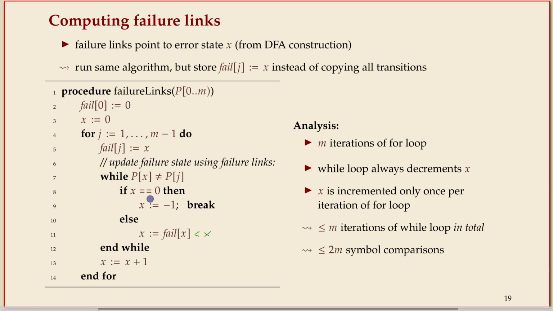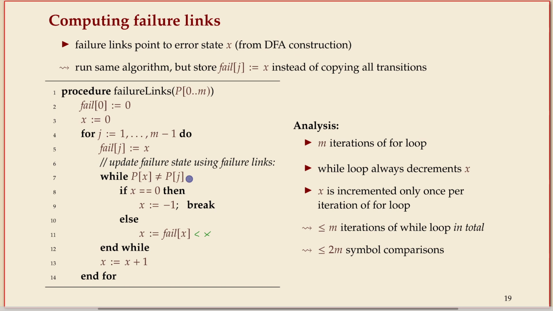So every iteration of the inner loop makes X 1 smaller, but it can't go below 0, and it's only incremented by 1 for each iteration of the outer loop. So that means the inner loop has at most m iterations in total, because X starts at 0, it can never go beyond m, and each of these iterations of the inner loop consumes 1 from X. So you have m iterations of the inner loop, m iterations of the outer loop, and 2m simple comparisons, again, from this part at most.